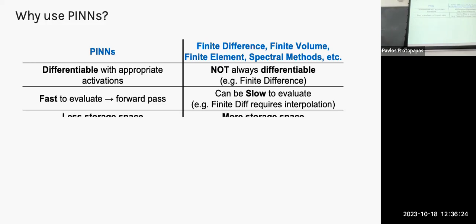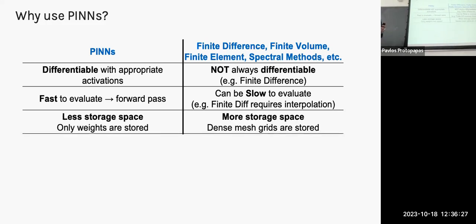Number three, which I strongly believe in, most people think is not important. If you have a finite element or finite difference solution in a multi-dimensional space, and I ask you to give me the solution, you're going to send me terabytes of data, right? Because it has to be on the mesh. When I give you this solution, what do I give you? The weights of the neural network. So I can exchange it.